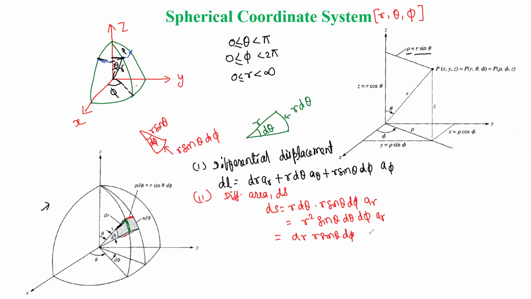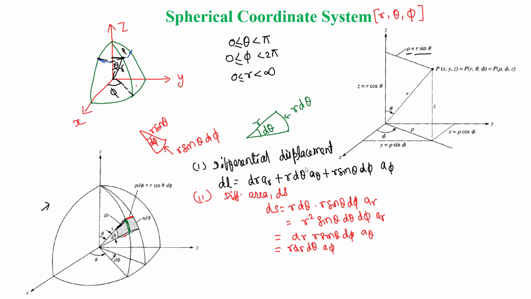So dr and r sine theta d phi, and the direction is a theta. Again, you can rearrange. The third one is another part, the backside of this. That one is dr and r d theta, which we have rearranged. So finally, the unit vector is a phi.